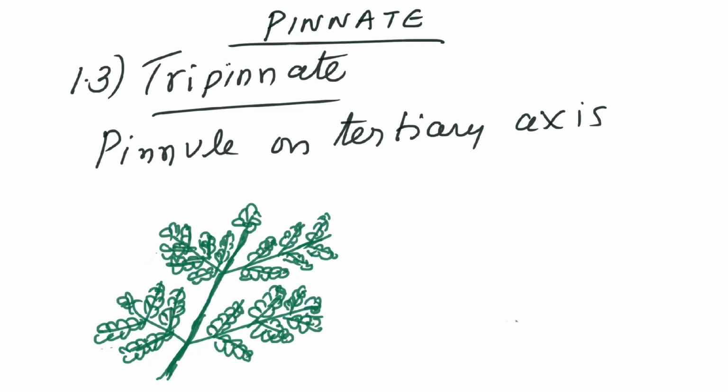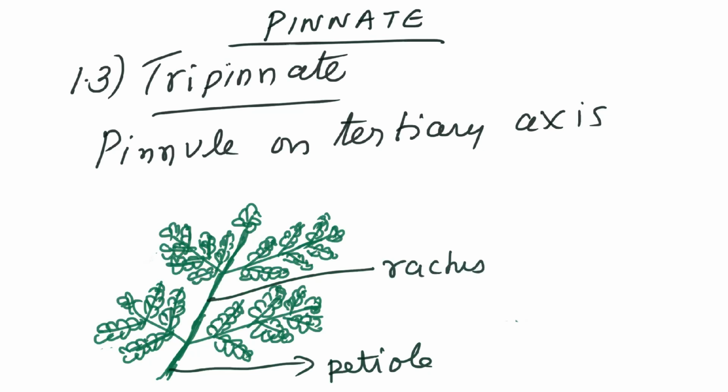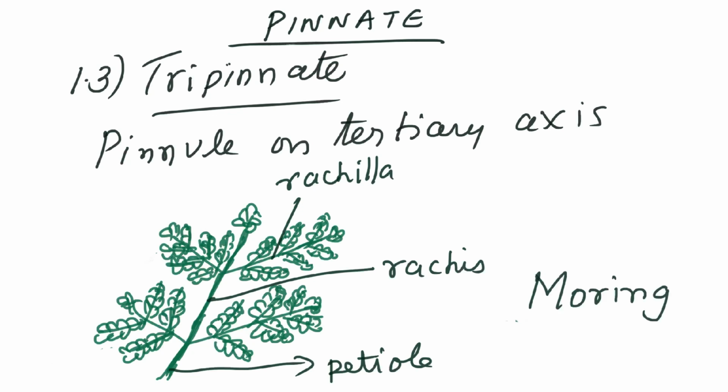So that's also very interesting. That's about the tripinnate case. You have the petiole at the bottom, you have the rachis, and note the point that the tertiary axis is denoted as rachilla. That's very important. And of course, as I already mentioned, a notable case is Moringa.